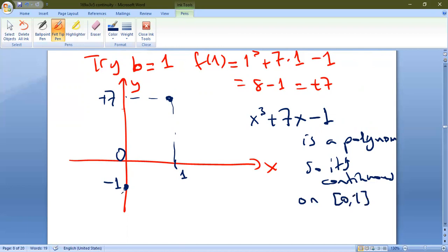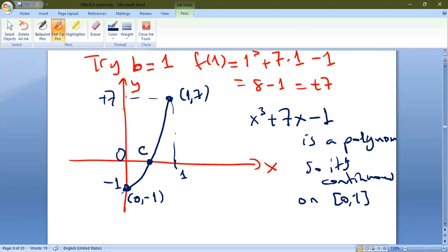That means it's going to go continuously from this point to the second point. So it's going to have to do something like this. I don't know what it does, but I know it has to go from this point, 0 to minus 1, to the second point, 1 to 7, continuously without any jump. So it must then intersect the x-axis somewhere.